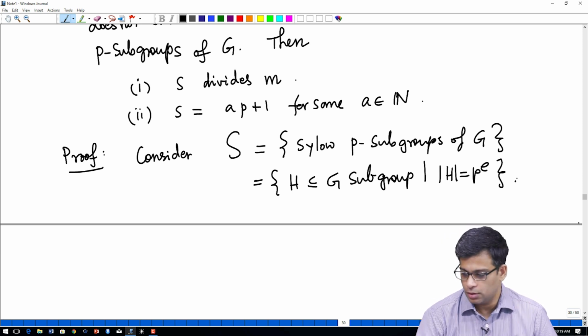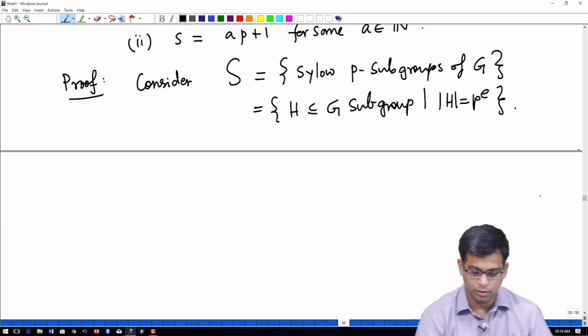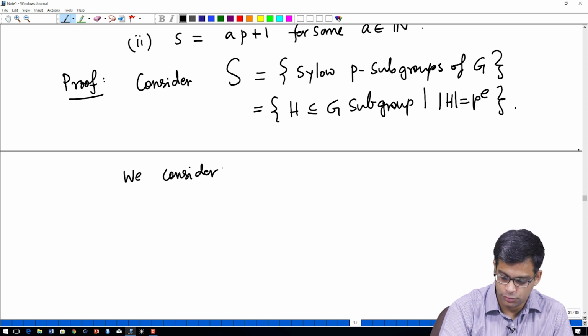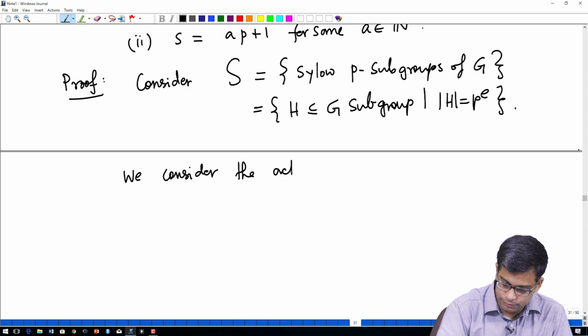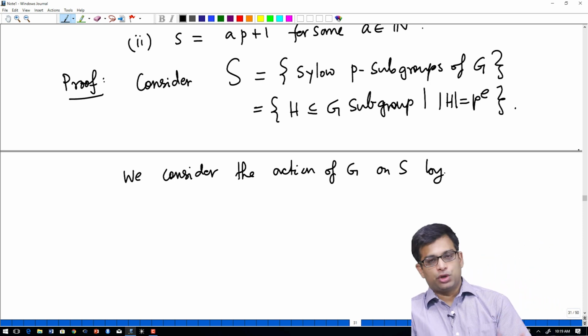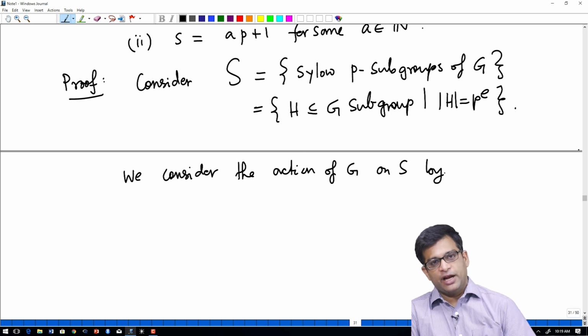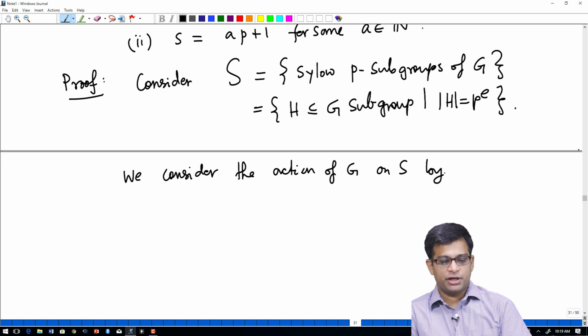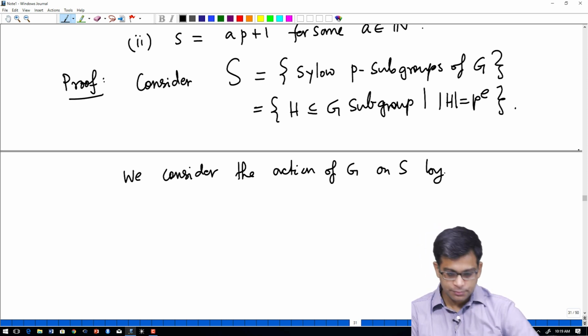Now, we want to consider a G action on S. Remember, G acts on itself or on subsets either by left multiplication or by conjugation. Here, if you take left multiplication, it will not give you an action. Why?